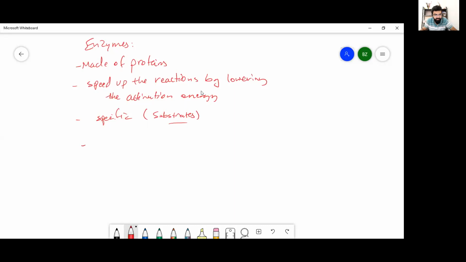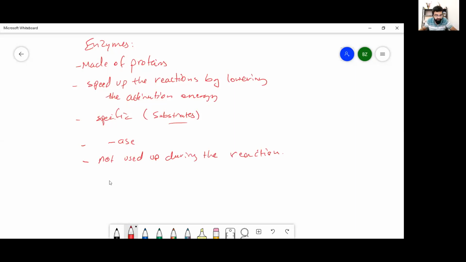Then we said enzymes are named by adding ASE to the substrate name, okay? Most enzymes are named this way. And last, we said the enzymes are not used up during the reaction, so they can be used in many reactions.